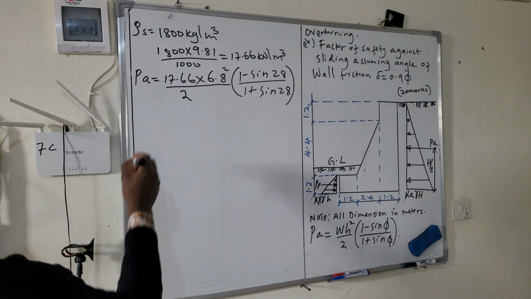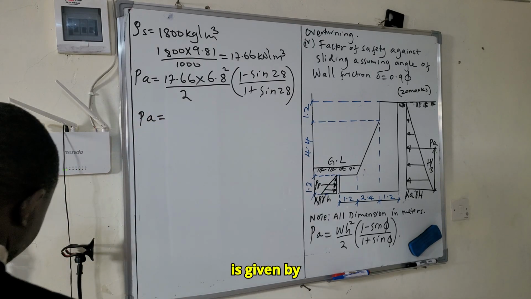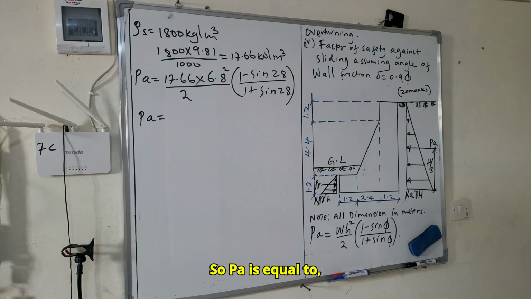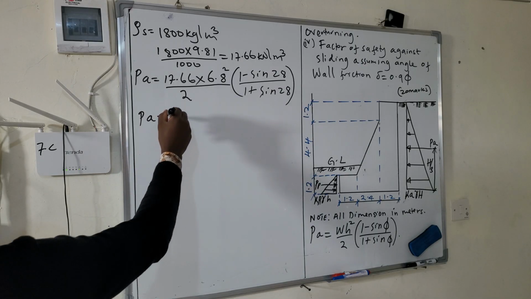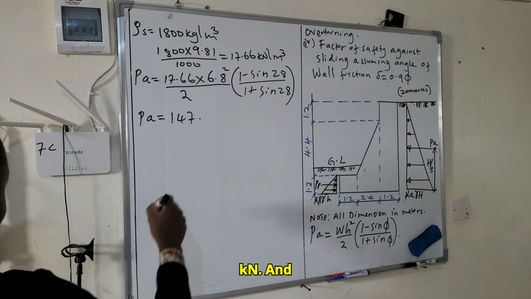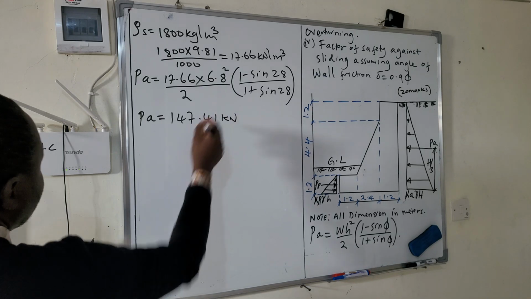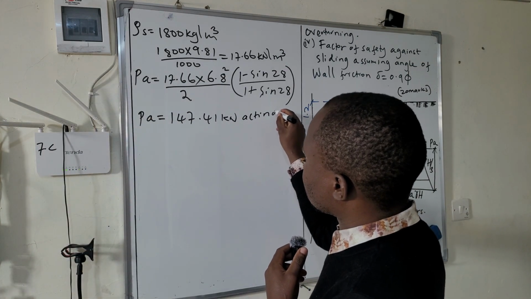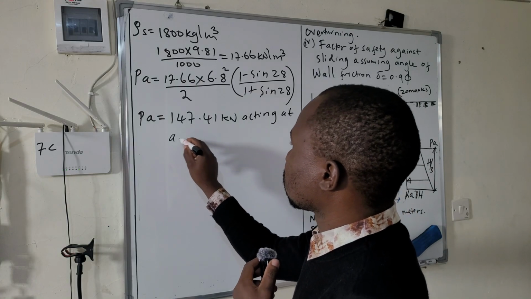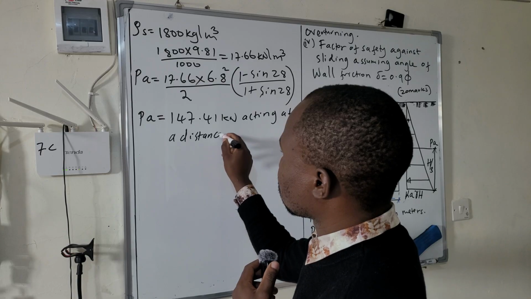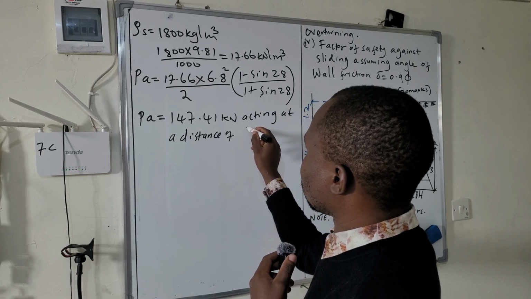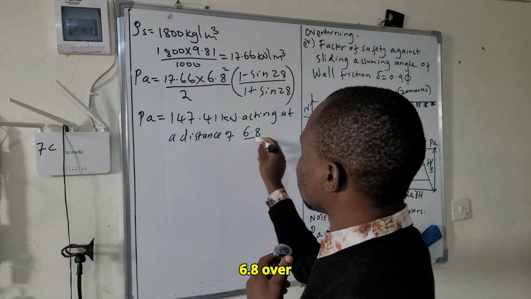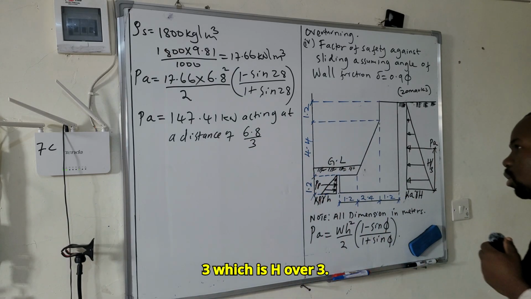So PA is given by, if you carry out the operation, you will get PA as 147.41 kilonewton, and then it is acting at a distance of 6.8 over 3, which is h over 3.